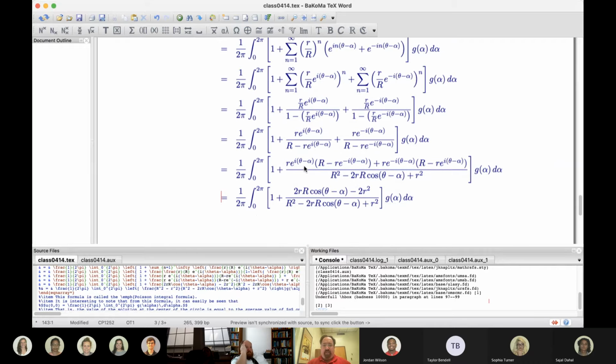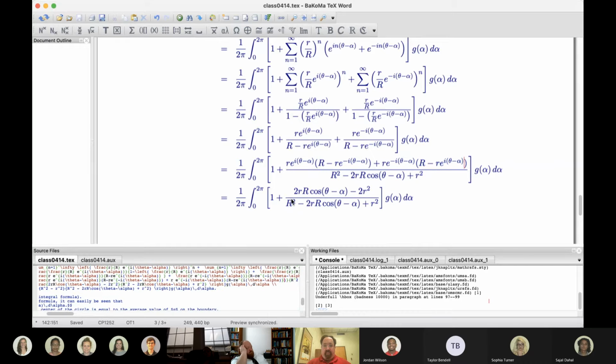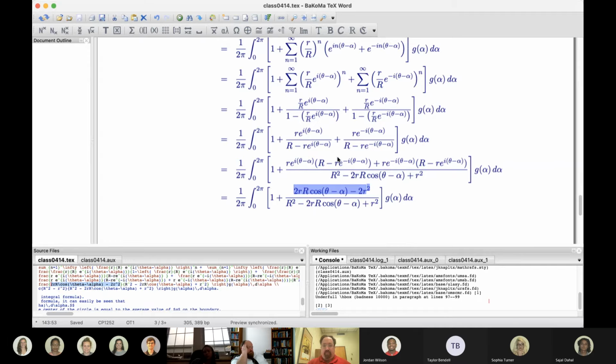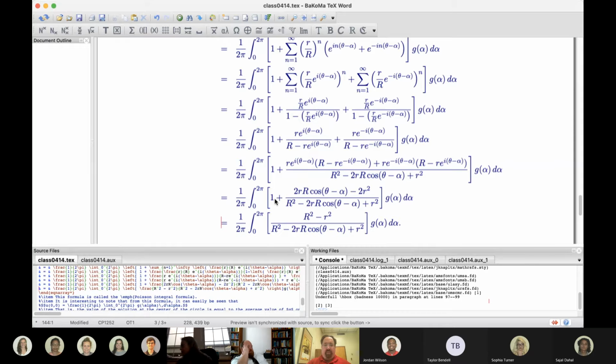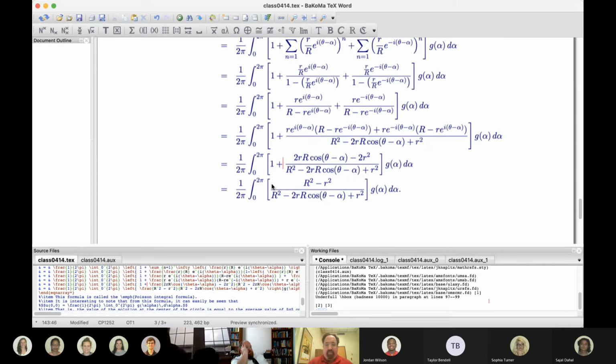And then I've also used that relationship to simplify what I have up here, and that's what gives me this. And also from foiling all this out. And then incorporating this plus 1 with the same common denominator leads to further simplification. And this is what I'm left with.